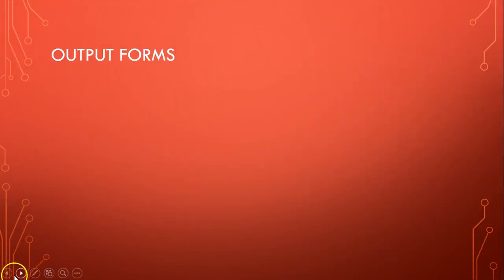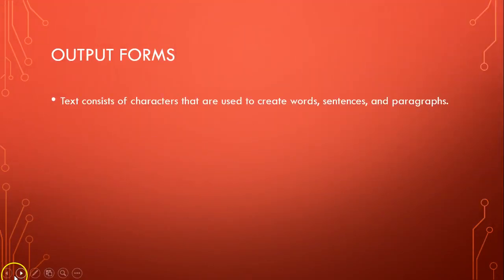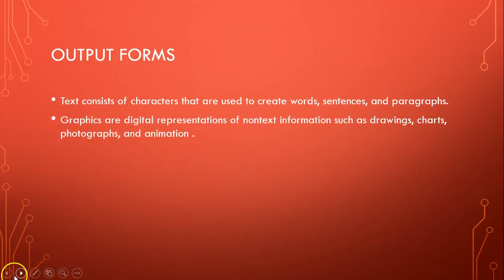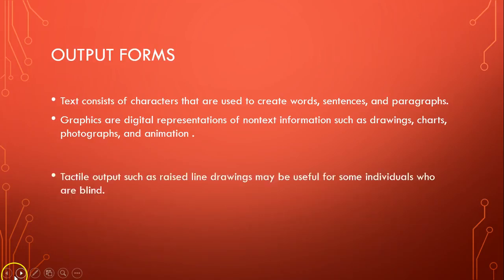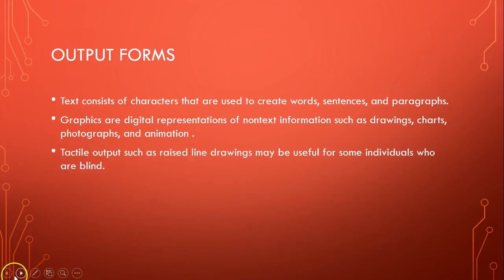Let's talk a little bit about those output forms. Text consists of characters that are used to create things like words, sentences, paragraphs. I think it's a pretty straightforward thing, what text is. Graphics, of course, are digital representations of non-text information, such as drawings, charts, photographs, and even animation. Tactile output is things such as raised line drawings, which may be useful for some individuals who are blind.